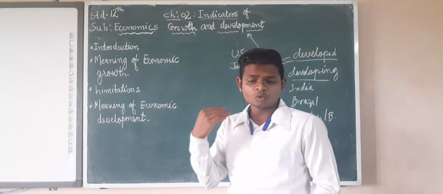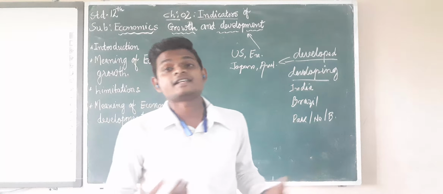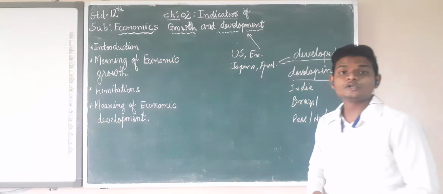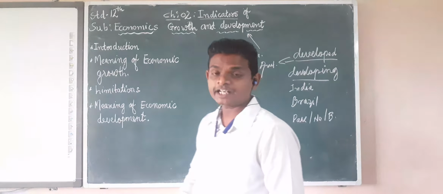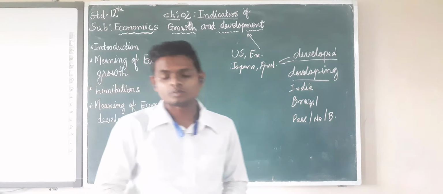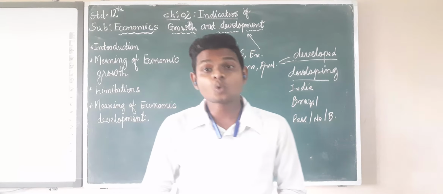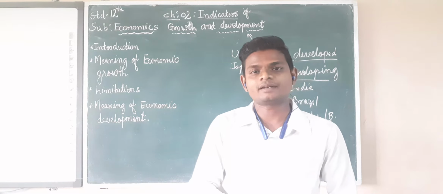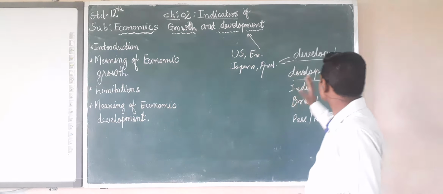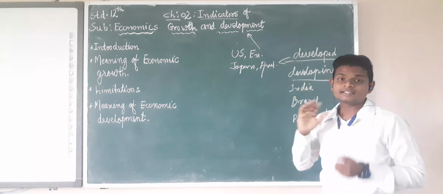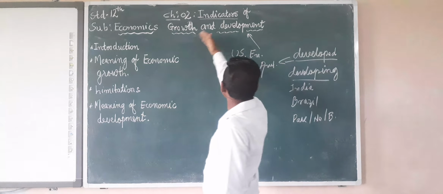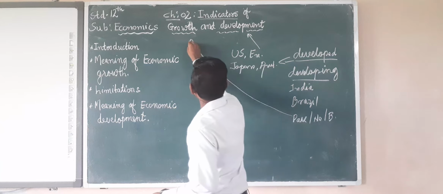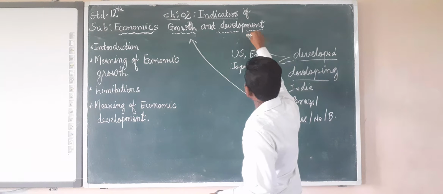More than 200 countries are registered according to the United Nations Organization, the UN. So the developed countries and the developing countries, most of all these countries are doing growth and development.